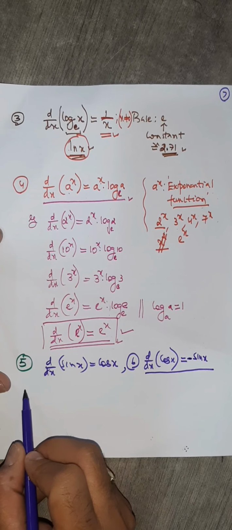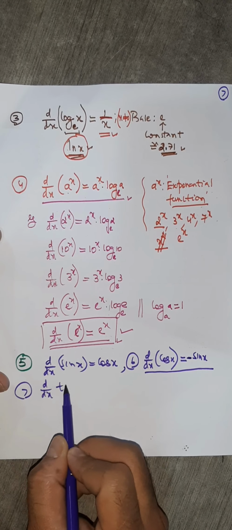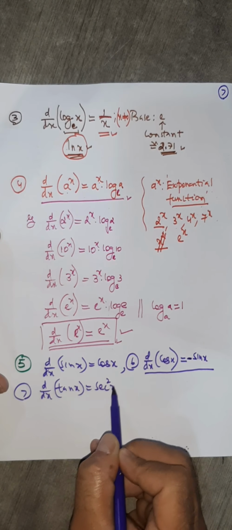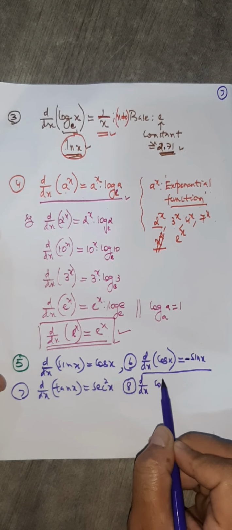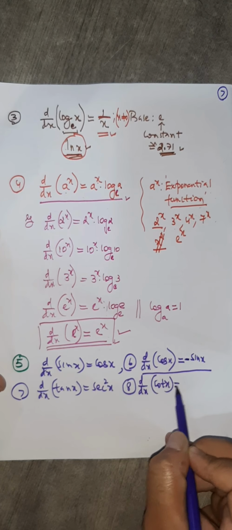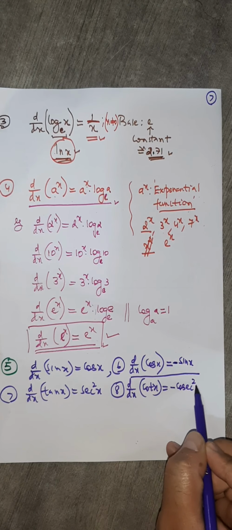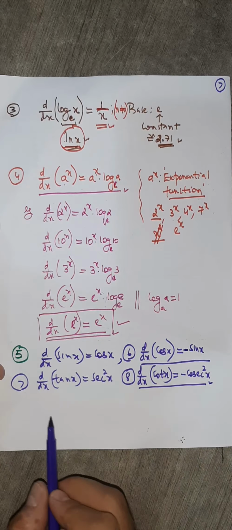Derivative of cos is minus sin. Seventh, d by dx of tan x, which can also be derived, is sec squared x. Eighth, d by dx of cot x is minus cosec squared x. The derivative of cot is minus cosec square.